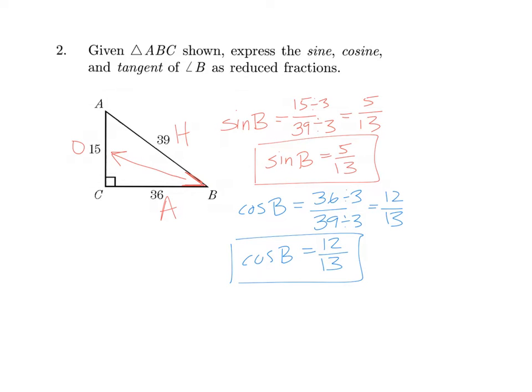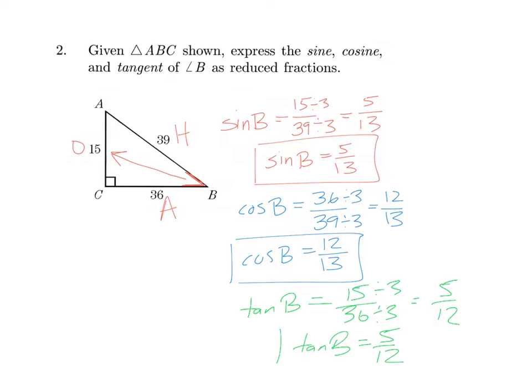And then for the next one, tangent of B is equal to opposite over adjacent. So I end up with, divide by 3 again, I get 5 over 12. So tangent of B is 5 over 12. That's all there is to that. Done.